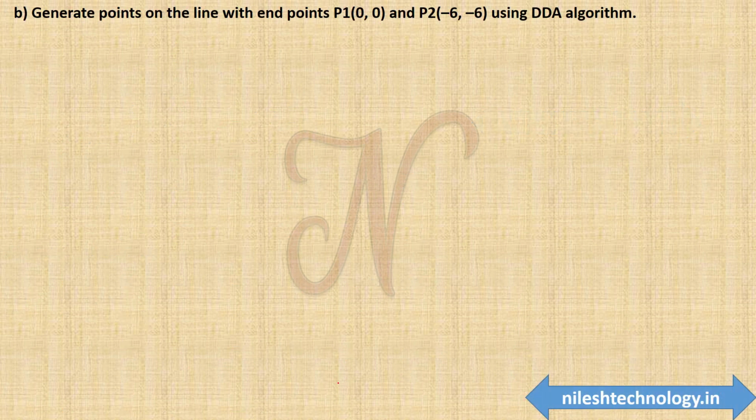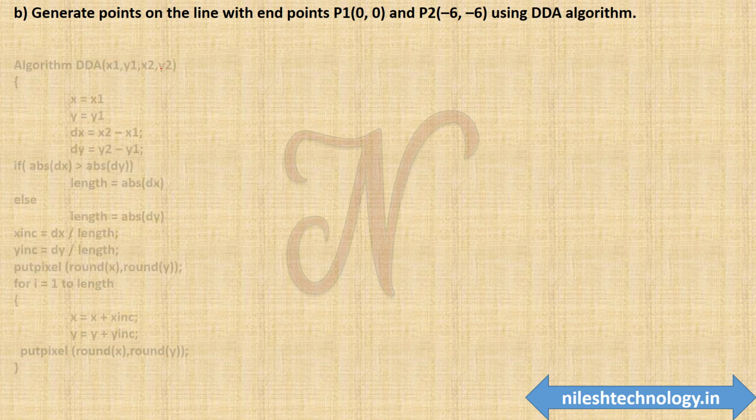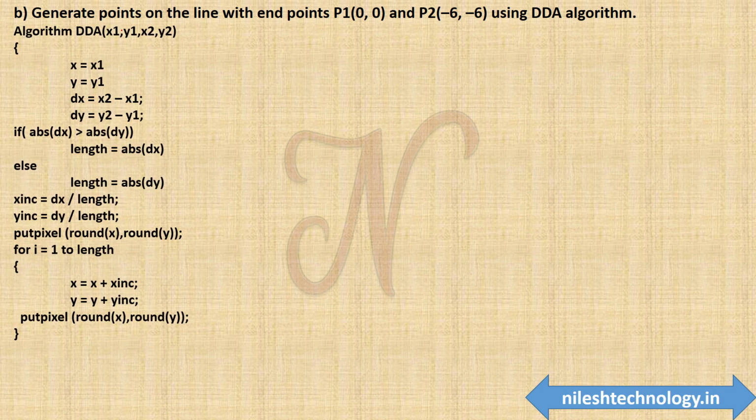See here, second question: generate points on the line with the endpoints P1 (0, 0) and P2 (-6, -6) using the DDA algorithm. This is the DDA algorithm. In the algorithm there are 4 parameters: these 2 points form one end of the line and this is the second end of the line. Here x equal to x1, y equal to y1.